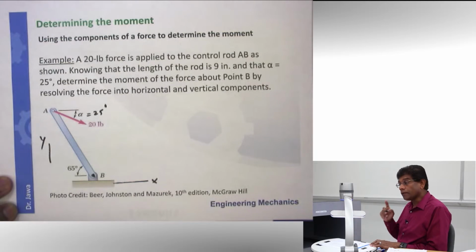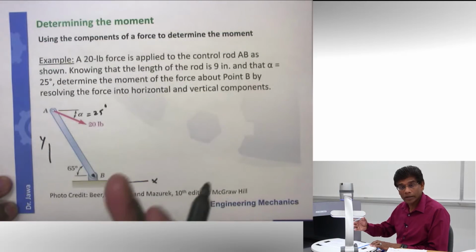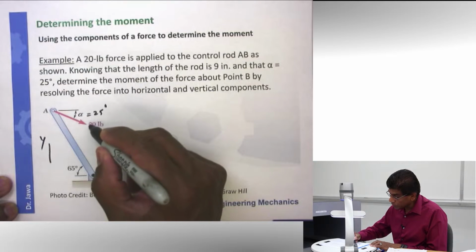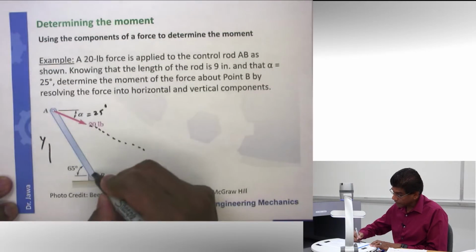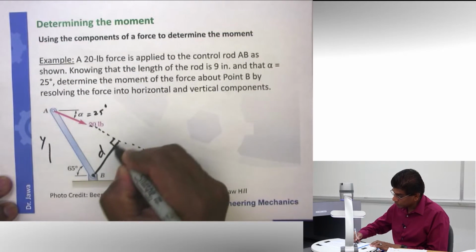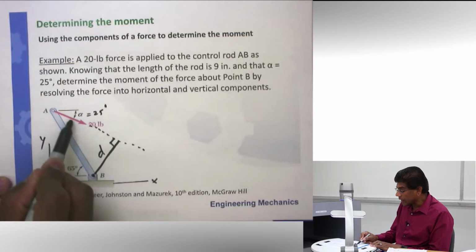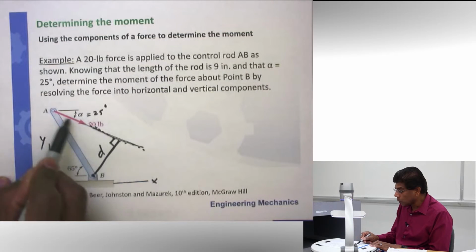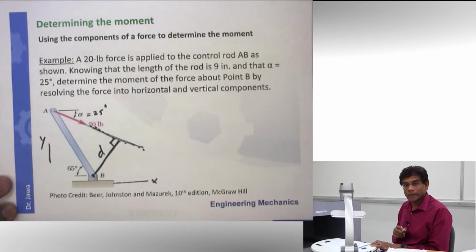All right? Now, if you go back to the definition of moment, remember it is perpendicular force or force times perpendicular distance. So, one way to look at this problem is if I extend this force like this and I drop a perpendicular, this distance d is the perpendicular distance I should know. And if I can figure that out, I can multiply this with the force 20 pounds, I should be able to calculate the moment.